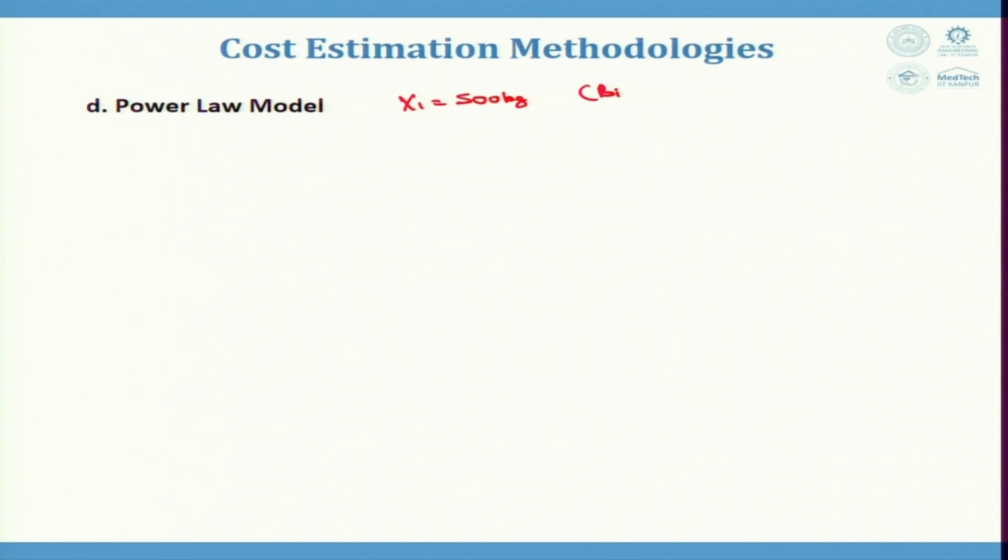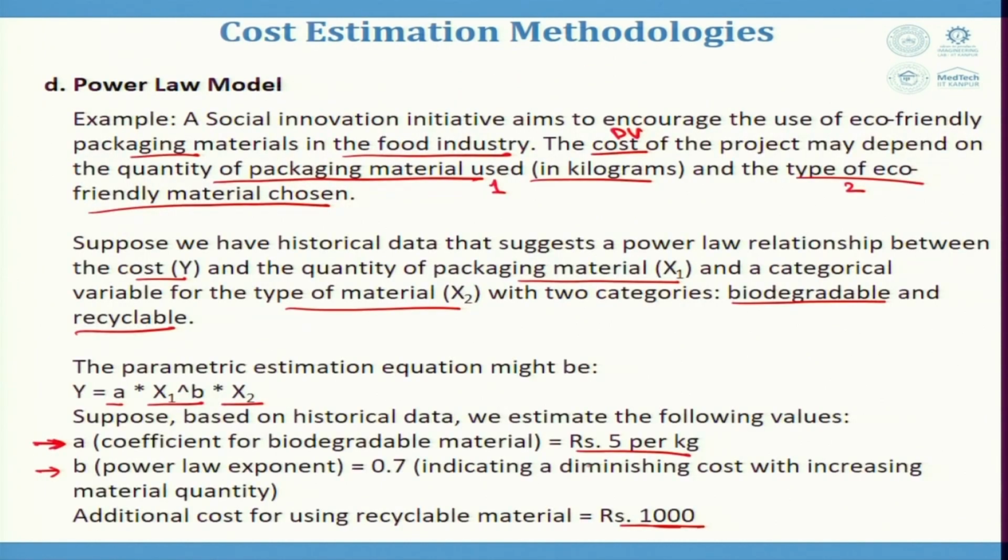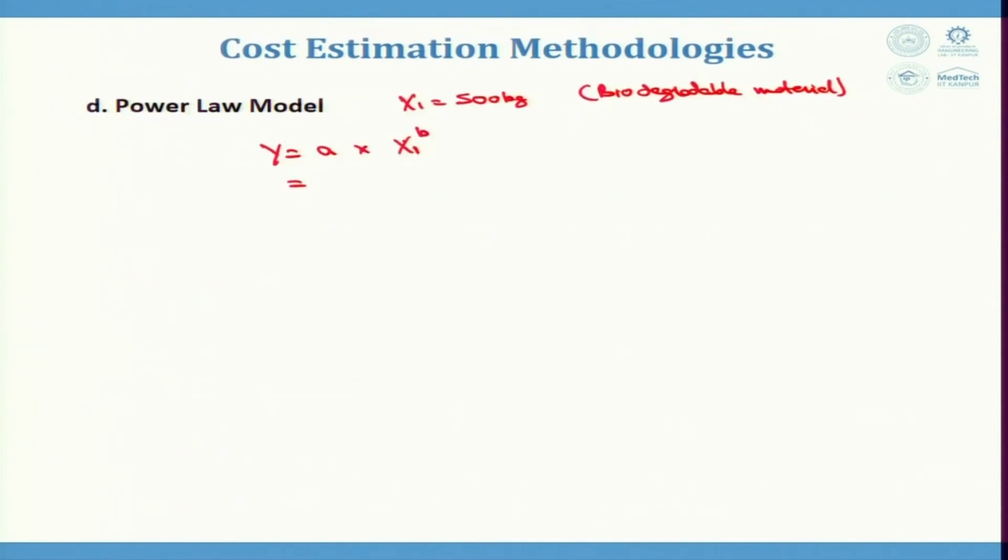This is biodegradable material. Now, simply if I say y is equal to A into x1 power B, this becomes y is equal to, what is the value of A here? It is given here as 5, and the value of B is 0.7.